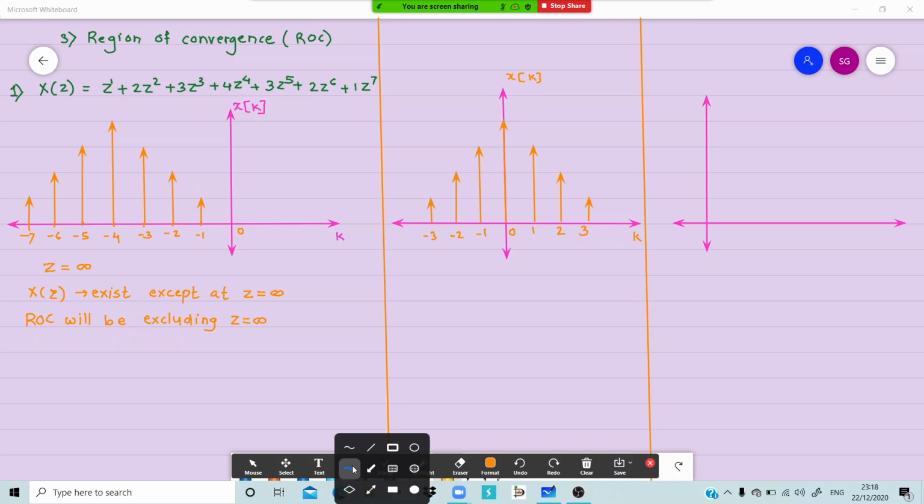Correct. Now if I want to write the sequence, what is going to happen? See, I'll write it over here.